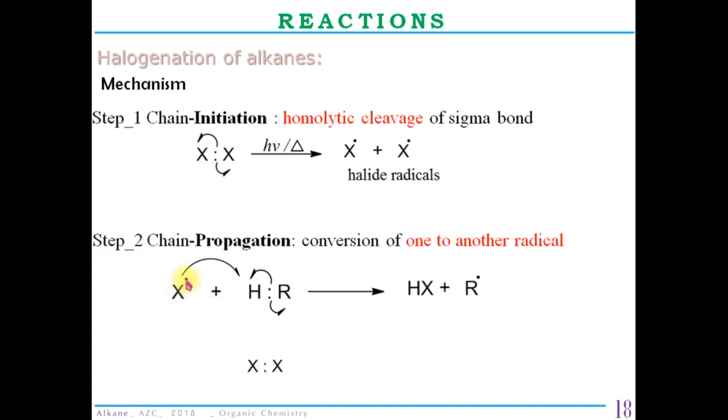Here there is a reaction between halide radical and alkane, where there is also homolytic cleavage of the carbon-hydrogen bond, which gives hydrogen halide and alkyl radical. In this homolytic cleavage, one electron is taken up by hydrogen and one electron is taken up by alkyl group, which gives alkyl radical. In the second step, alkyl radical reacts with halogen, which gives alkyl halide as a product.